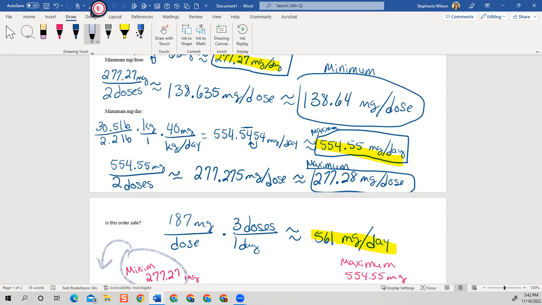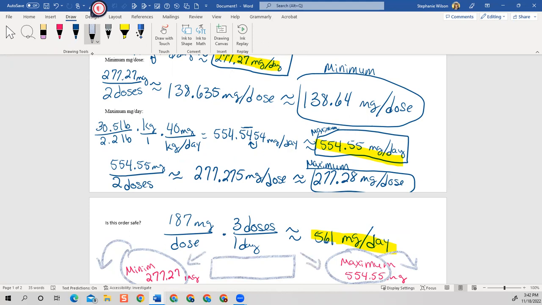If the order is greater than the maximum, then it's not safe because they prescribed too much medication. If the order falls between the minimum and maximum, and it can also be equal to either one, then it is safe.